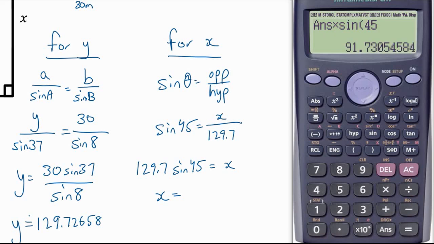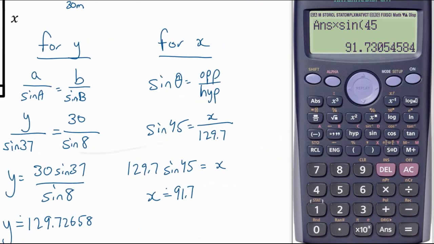And that gives me 91.7. We're going to round it to 1 decimal place because it's a side length, and we're talking meters here, so I'm going to put meters as units in my answer, okay? And that's how I can use the answer that I found before, by just hitting times.